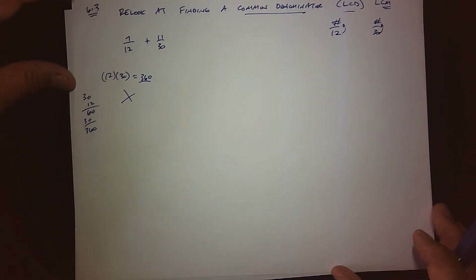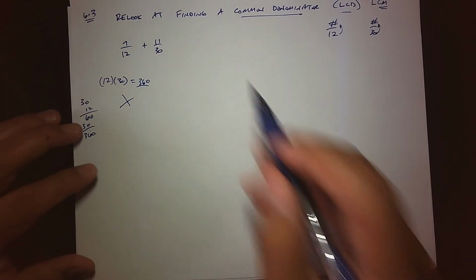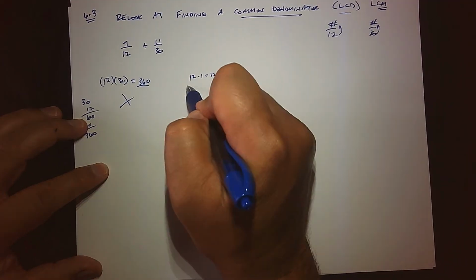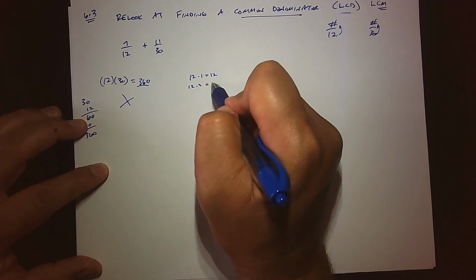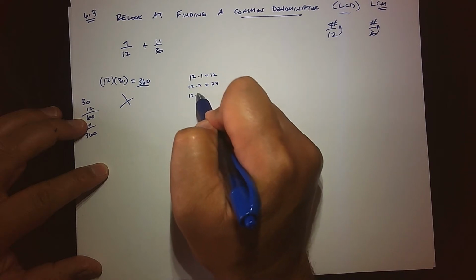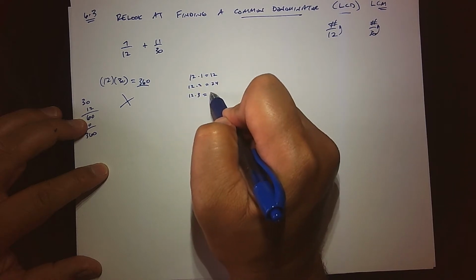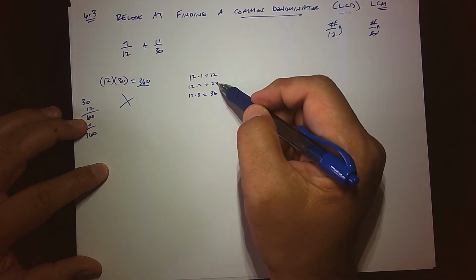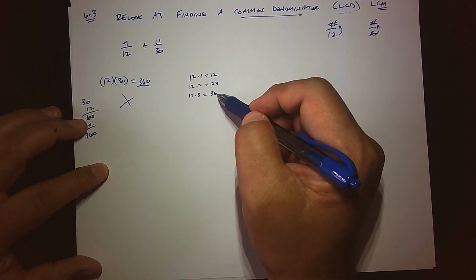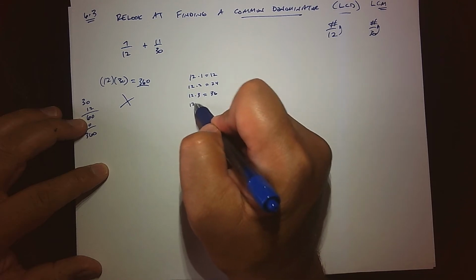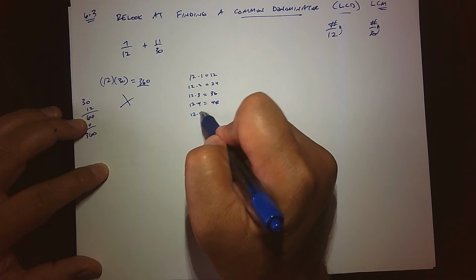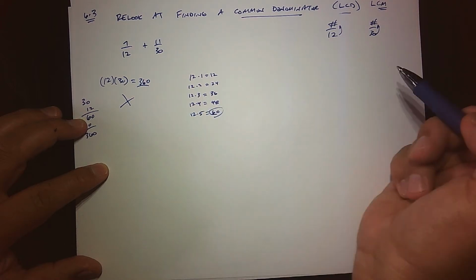Well, another trick that we learned way back in the day was to take 12 and start listing multiples of it, and then figure out which multiple is divisible by 30. So 12 is not divisible by 30, 24 is not, 36 isn't, 48 isn't, and then we have 12 times 5, which is 60, and boom, we found it.